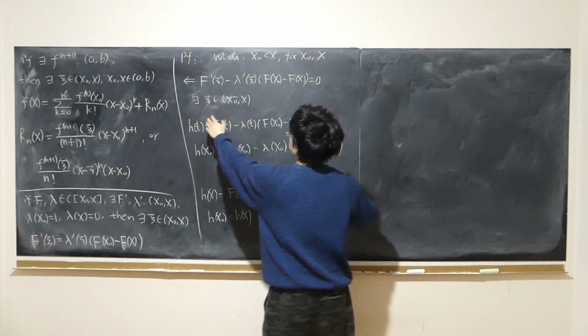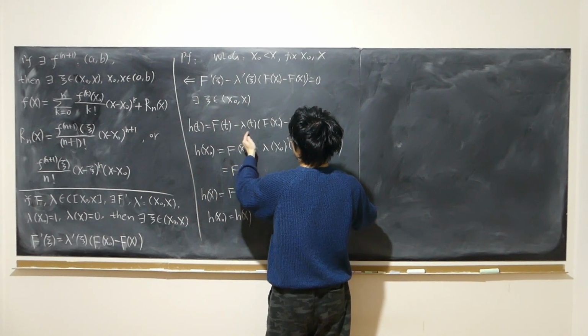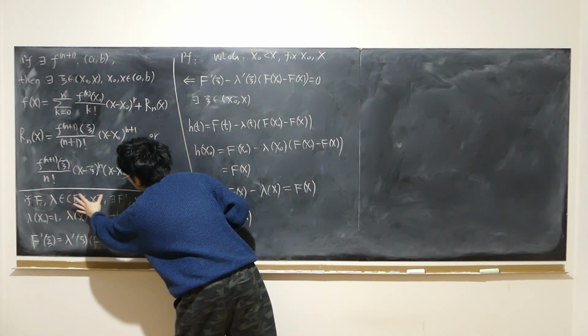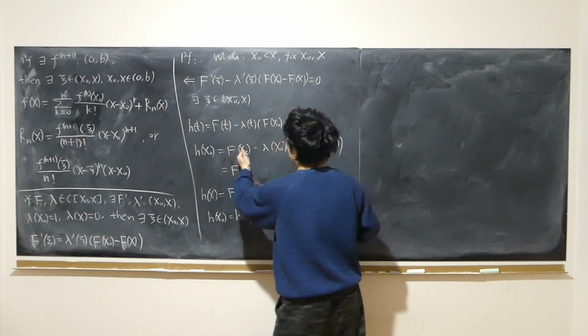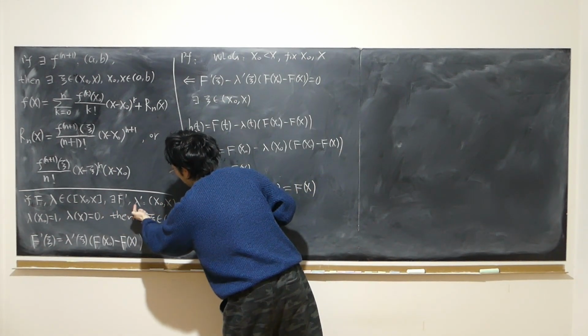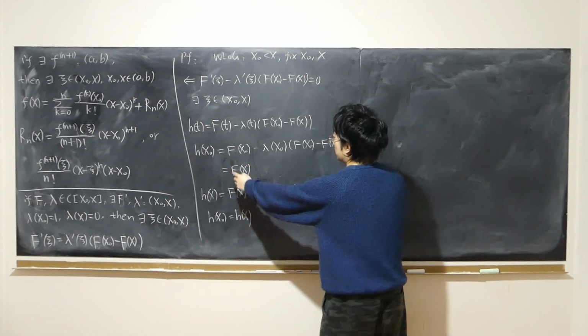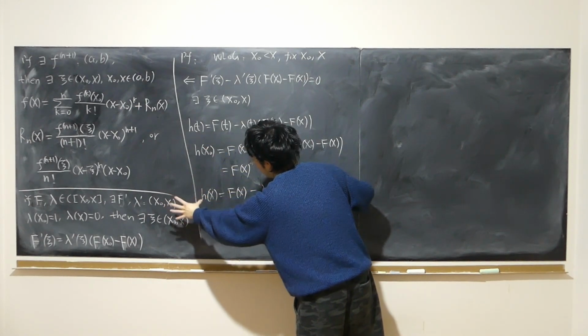Yes. Like I said, h of t is just f of t minus lambda of t times a constant. f and lambda are assumed to be continuous, and of course, h is continuous as well. Because f and lambda are assumed to be differentiable in this open interval, h of t is also differentiable in this open interval.